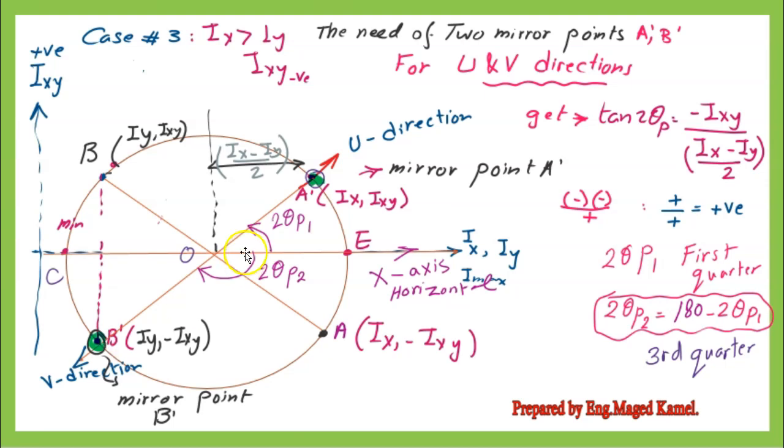Joining OA dash will show the u direction when the x-axis is in the horizontal direction. Imagine that we rotate axis OA in the anti-clockwise direction by 2 theta B1. Joining OB dash will show the v direction when the x-axis is in the horizontal direction. The angle 2 theta B2 is the central angle shown between axis x and axis v.